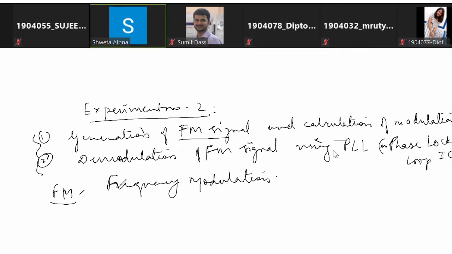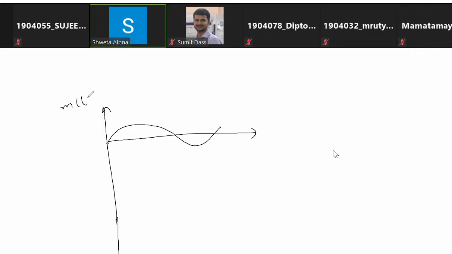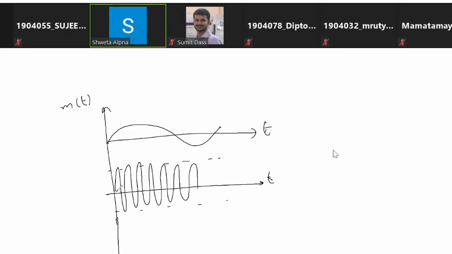So if you see this diagram in a simpler way, just refreshing what you have done. Suppose this is your low frequency message signal, m(t), and this is the high frequency carrier signal. Now what is happening in frequency modulation?